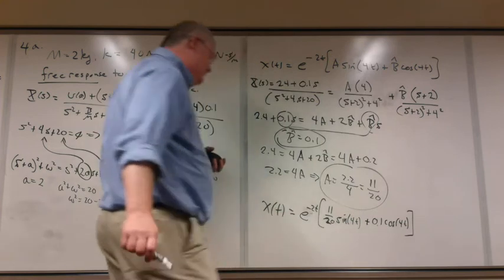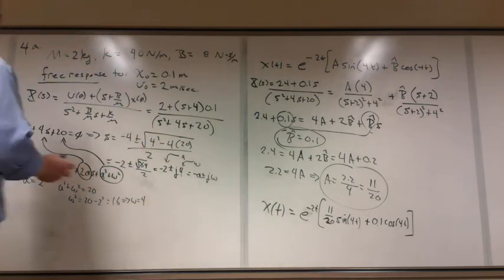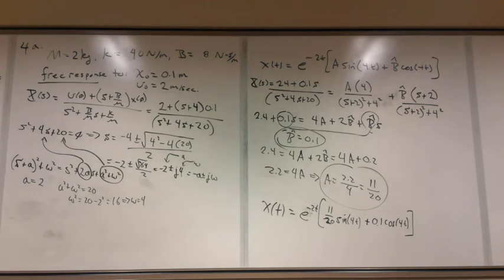And that's it. We're done. So that's problem 4a. Going to write that one down. e to the minus 2t times 11 over 20 sine of 4t plus 0.1 cosine of 4t.